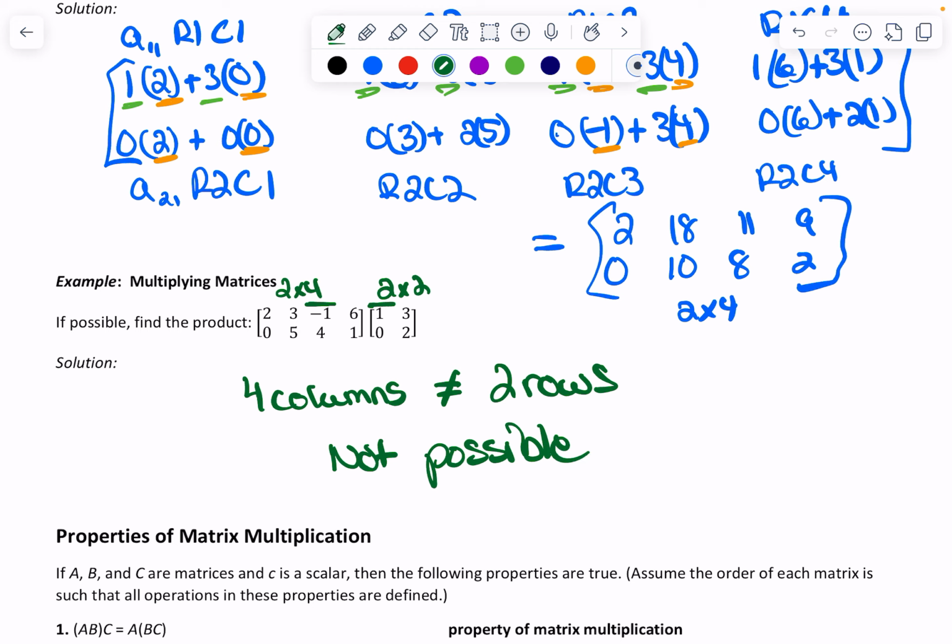If we started it, you could see that we just can't do it because we're multiplying by each of the elements in row 1. Well, we only have 2 rows. We need 4 rows in the second one to do that.